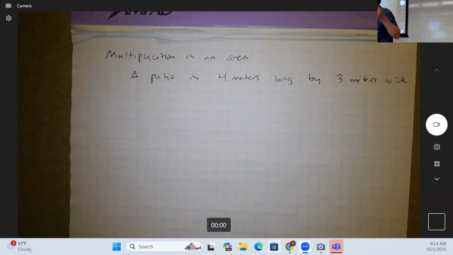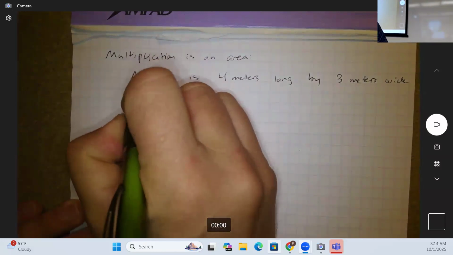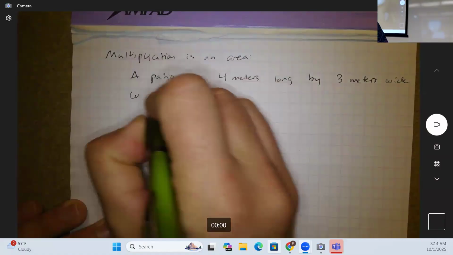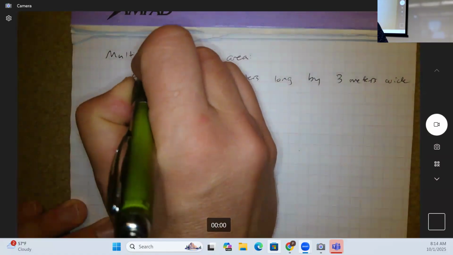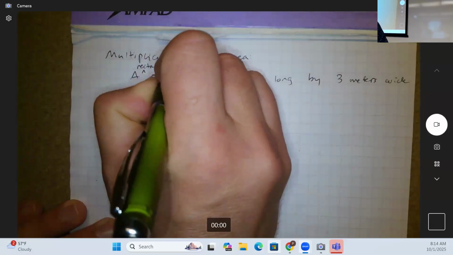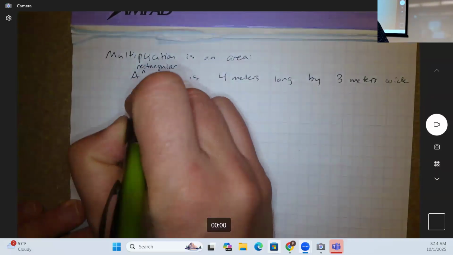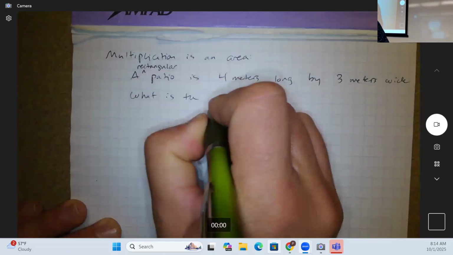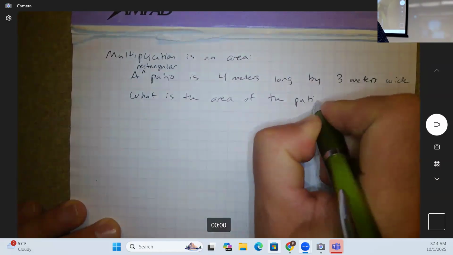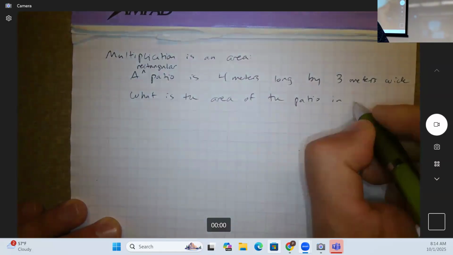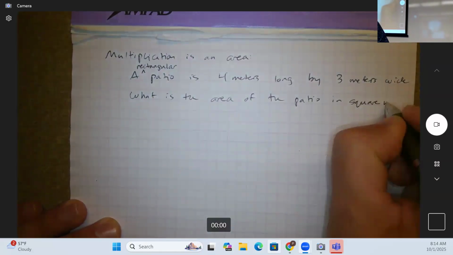But I got to do meters because 4 feet's not very big. I'll do a tiny patio. Meters makes more sense. Let me add a word just to be really clear. A rectangular patio. What is the area of the patio? And the units are square meters.